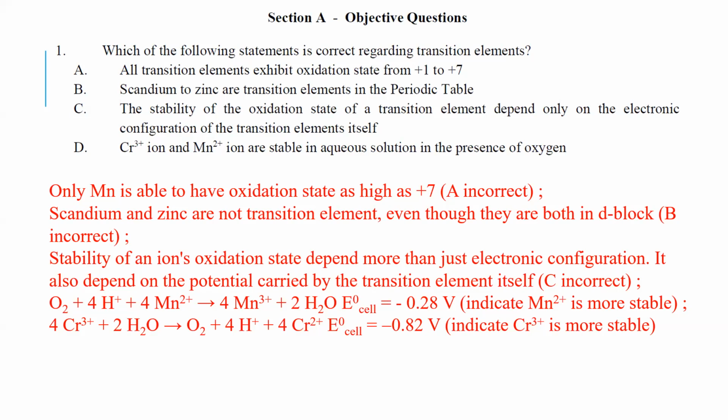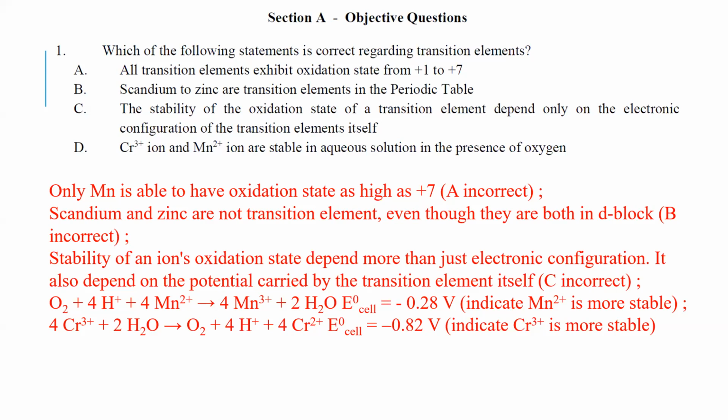Finally, chromium 3+ and manganese 2+ ions are stable in aqueous solution. So when we say stable, that means they cannot react under acidic air.